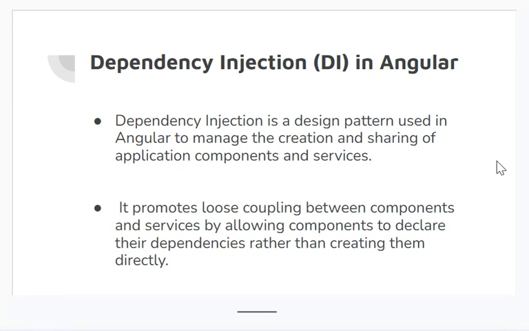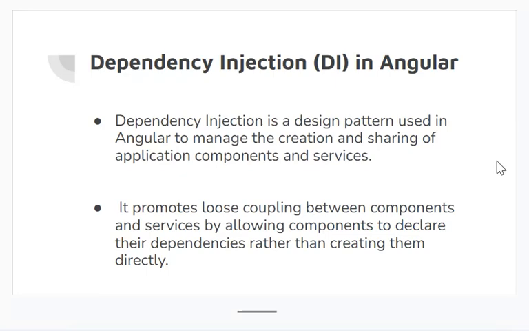we provide the object of the class into the constructor of the class that is going to use it, instead of creating an object using the new keyword or whatever way.